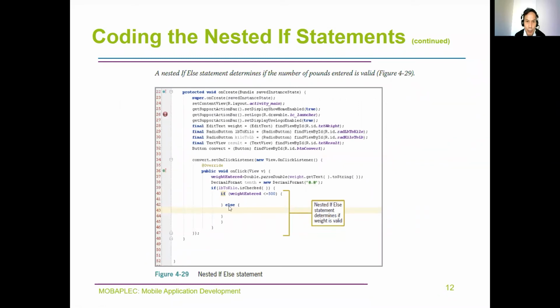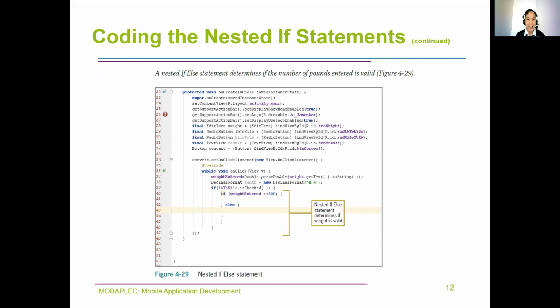Take note, inside we have the nested if. Another example: if the weight entered is less than or equal to 500, they will check. If still true, another if, multiple if. Else, if the condition is false, technically it will pop up the message for the false value.